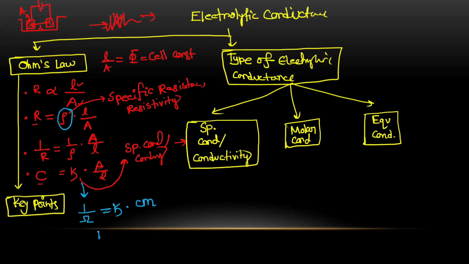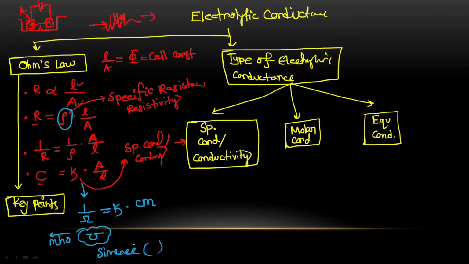So 1 by ohm is basically called Siemens. Or it will be called mho. It is basically the inverse of ohm. So 1 by ohm is also called Siemens.